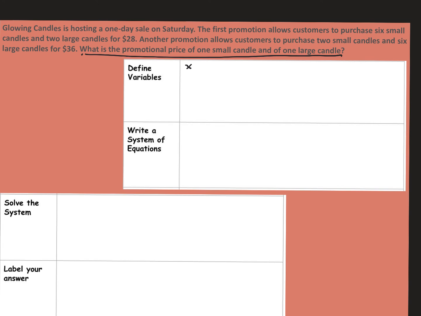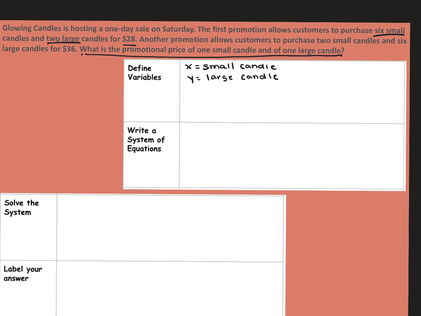So I'm going to have x equals small candle and y equal the large candle. All right, so now we're going to write our system. So the first promotion tells us that 6 small candles, and 2 large candles cost $28.